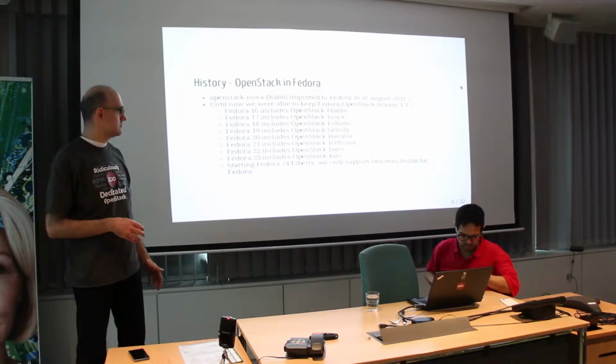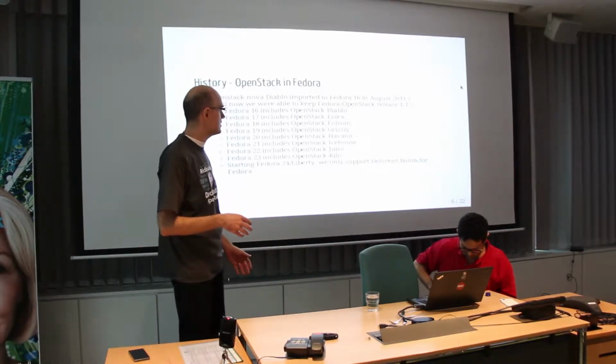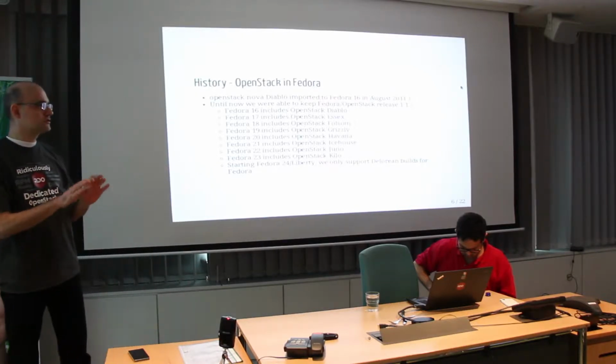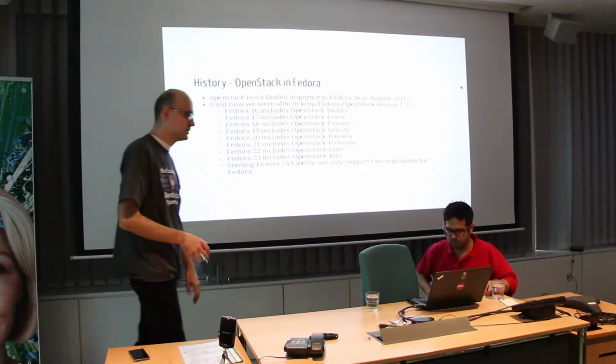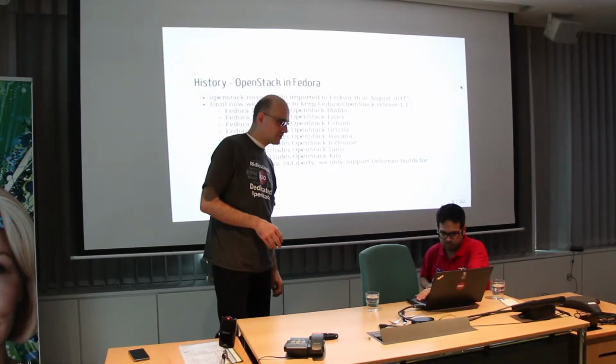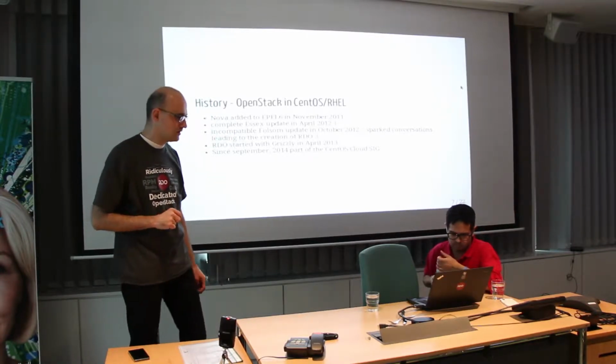So that's why we decided to abandon pushing this to Fedora and to have RDO as a separate distribution. So we'll have a separate dist-git, and we started moving all the OpenStack services to RDO.